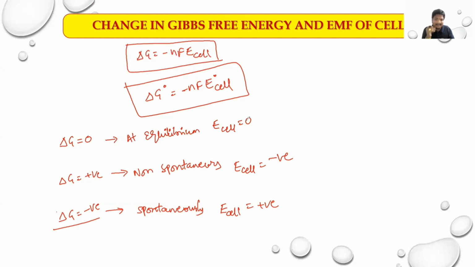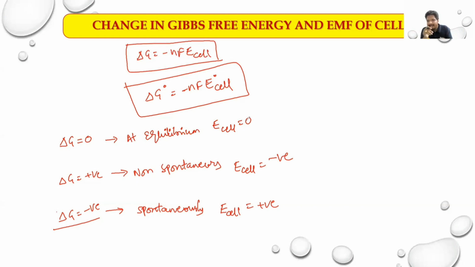And if delta G is positive, the reaction takes place non-spontaneously, and the cell potential will be negative.